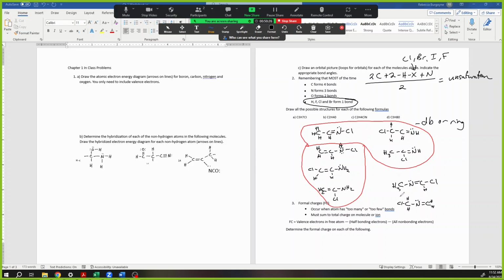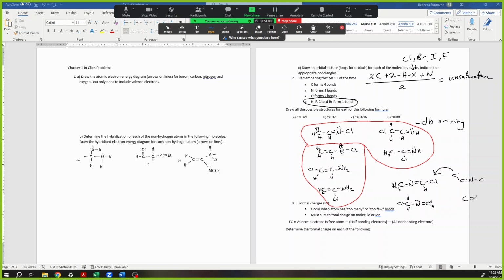Okay. Now, I'm not going to switch the double bond around because this is symmetrical to the point where if I were to draw this carbon, nitrogen, carbon, and put a double bond on the left, and then put the chlorine on the left or on the right, let's just say I put it on the left, putting it on the carbon with the double bond would be exactly the same as this one.